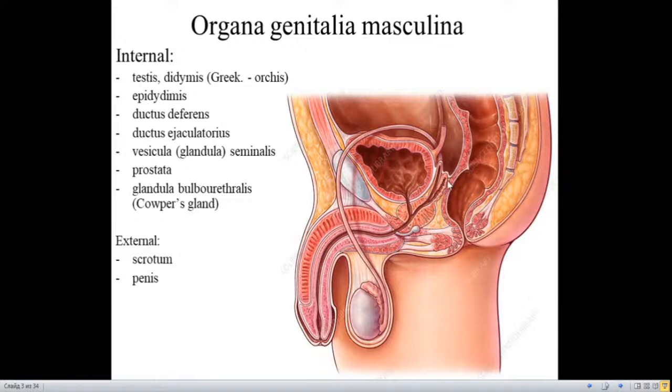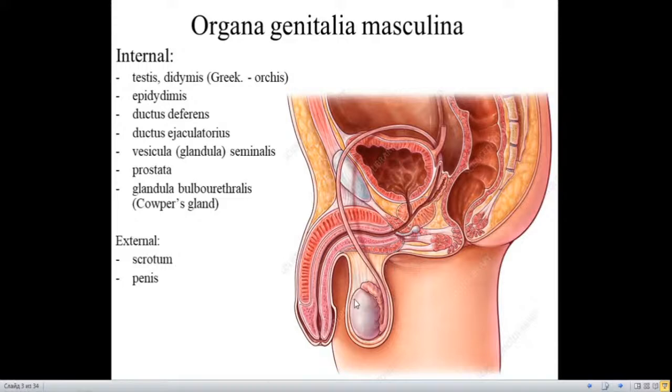Next one is seminal vesicles or seminal gland. Next one is prostate, prostata or prostate gland, and bulbourethral glands, also known as Cowper's gland. Cowper's is an eponym. It is named in honor of the scientist who first described this organ.